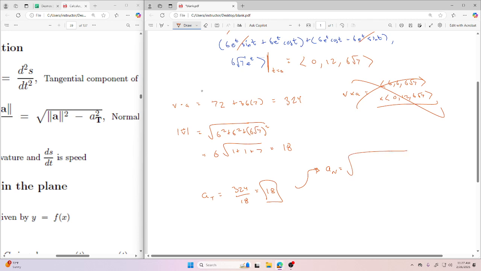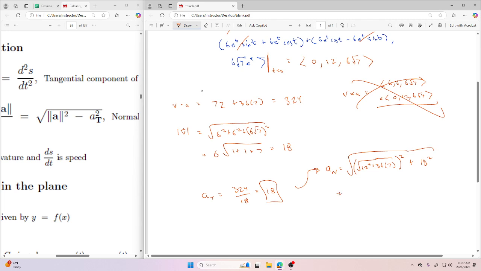So this will be fun. The magnitude of this would be the square root of the squares. So I've got a 12 squared, and I've got 36 times 7, essentially. But then all of this I'm going to square, right? Okay. Yeah, that's strange.